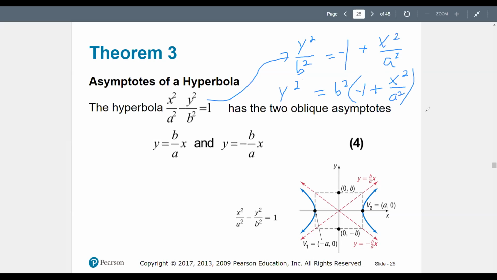What do you think we can use now? What do you think we can do? Okay, I will help you. So if we rearrange, we know that x cannot be equal to 0.